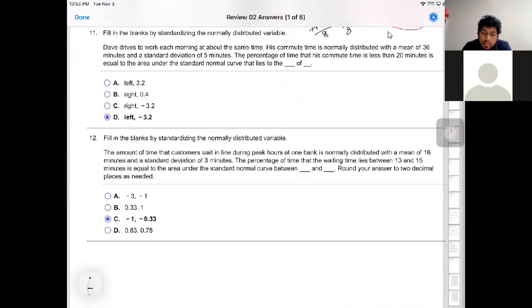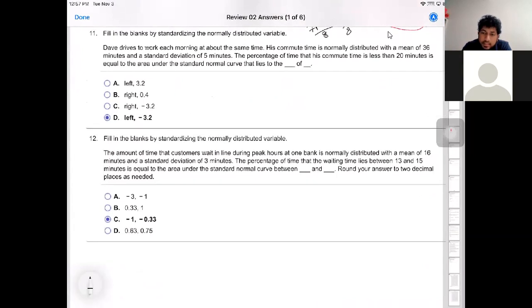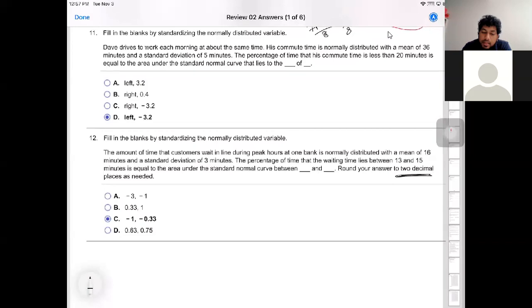If they have mentioned to round your answer, please round your answer to the mentioned decimal. Here they have mentioned round to 2 decimals, so you have to keep 2 decimals. You have to get the answer to 3 decimals and round. Actually, we round up or round down based on the value of the third decimal.